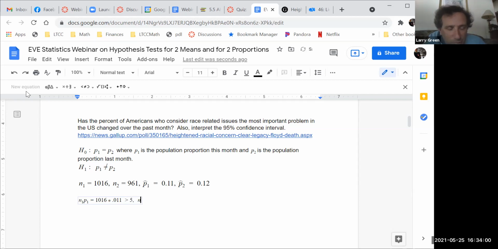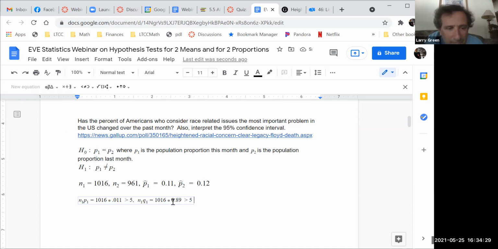And N sub 1 Q sub 1 is equal to 1016 times 0.89. 1 minus 0.11 is 0.89. And that's certainly greater than 5, much greater.